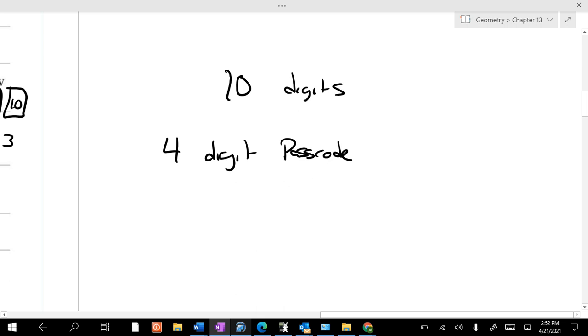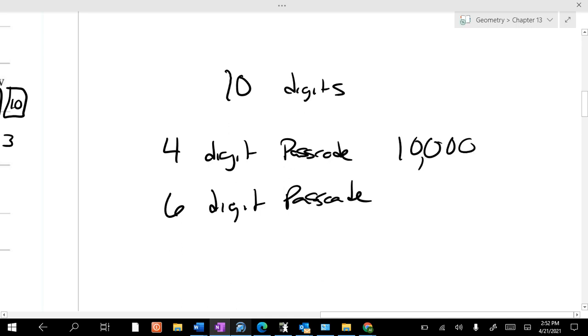So then Apple went away from the 4-digit passcode and they went with a 6-digit passcode, which inflates that number to 1,000,000. So when you're trying to guess somebody's passcode, if you don't have any information and are just trying at random luck, if they only have a 4-digit passcode, you have a 1 in 10,000 chance.